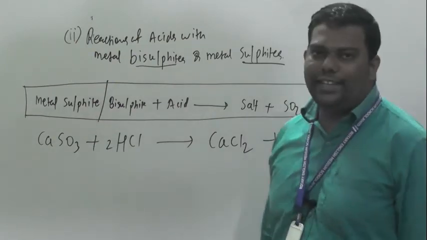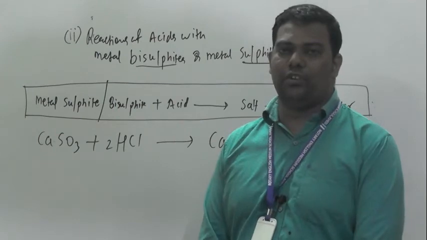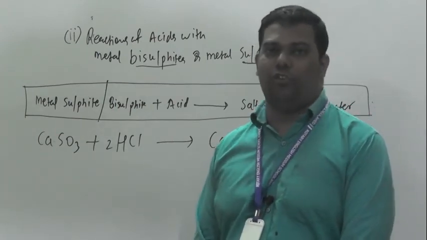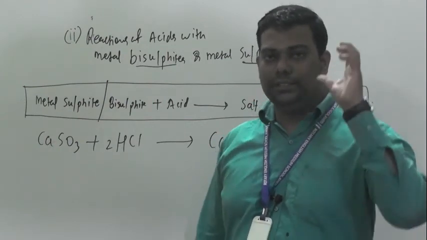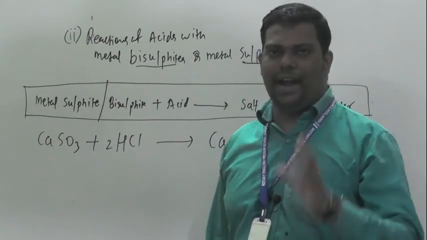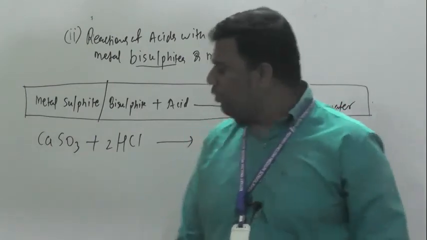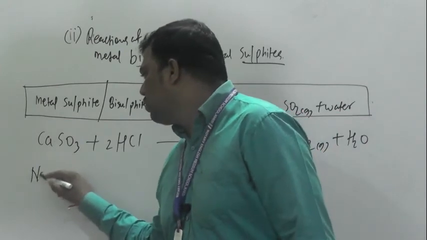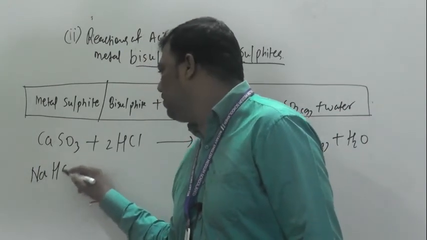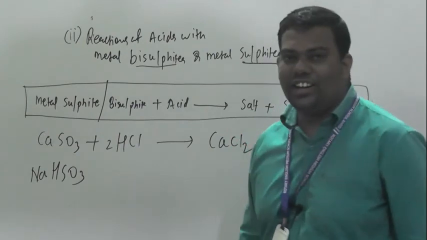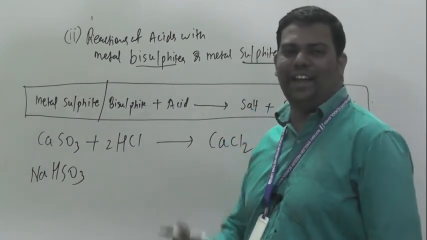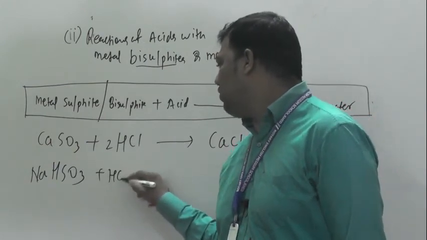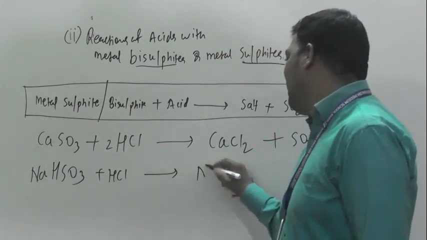Like that, it is a simple reaction, but you must know the chemical formulas of the anion part and cation part. Suppose we take one example of a bisulfite also. Sodium bisulfite, NaHSO3, with the anion HSO3 minus, plus HCl. What will you get?